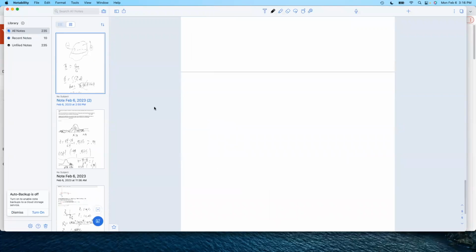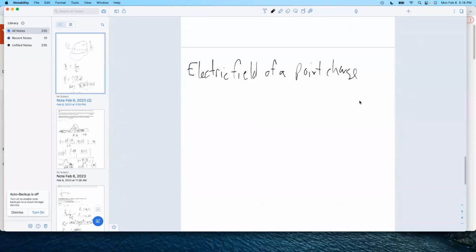So let's find the electric field of a point charge. So I know you're literally watching the lecture videos on the same thing. You just watched this.